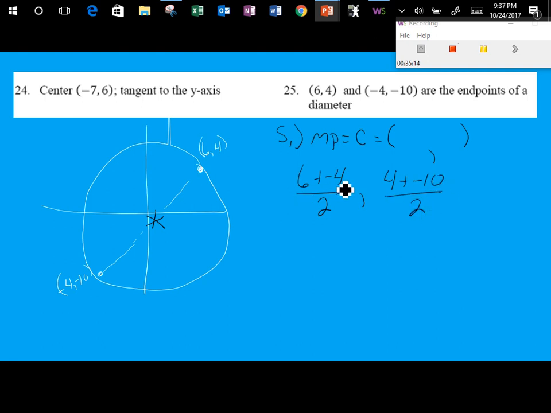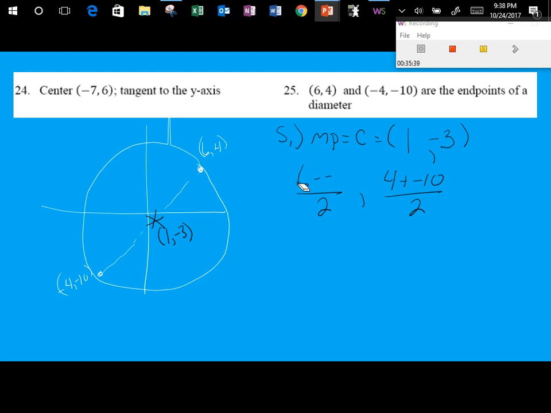So 6 plus negative 4 is 2, divided by 2 is 1. 4 plus negative 10 is negative 6, divided by 2 is negative 3. So there's the center of my circle. My center is at 1, negative 3.